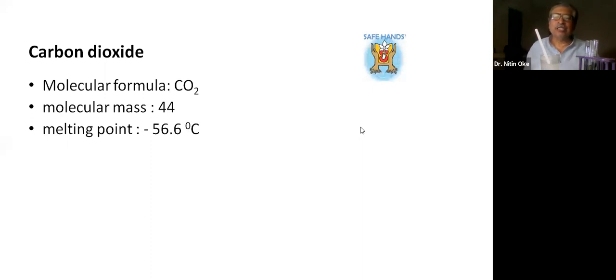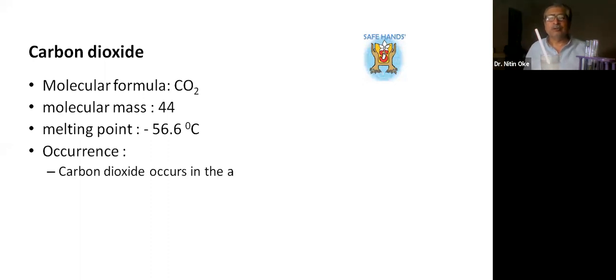Melting point turns out as minus 56.6 degrees centigrade when it is solid in state. The occurrence of carbon dioxide is obviously in air in the free state, which is about 0.03% all over the atmosphere.